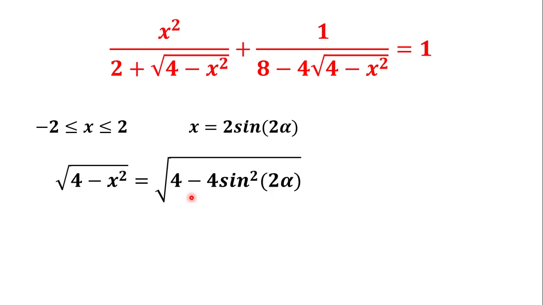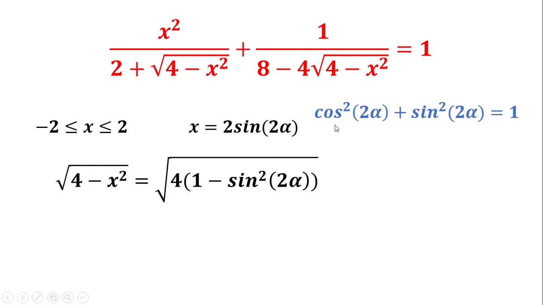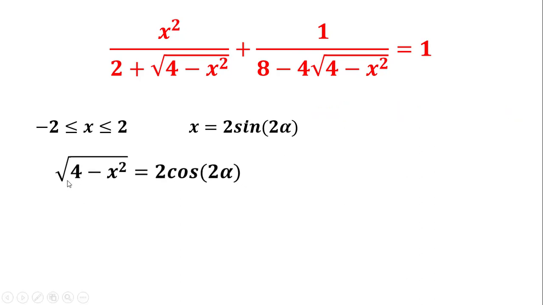We can factor out 4 and we're going to get 4 times 1 minus sine squared. Now we can use one of the Pythagorean identities, that is cosine squared plus sine squared equals 1. So 1 minus sine squared equals cosine squared, and we can write 4 times cosine squared of 2 alpha. These two terms can come out from the radical, and we're going to get radical of 4 minus x squared equals 2 times cosine of 2 alpha.